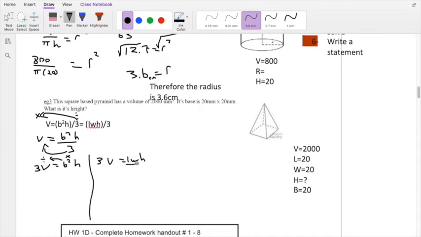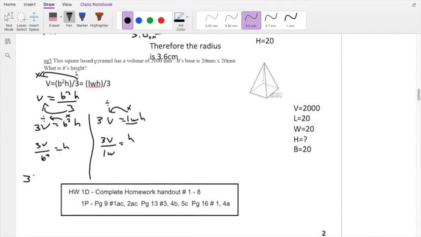Just as these two are multiplication, so I move it over, it's going to become a divide. Okay, so my next one's going to be 3v over b squared equals h. Over here it would look like this. Length times width equals h.